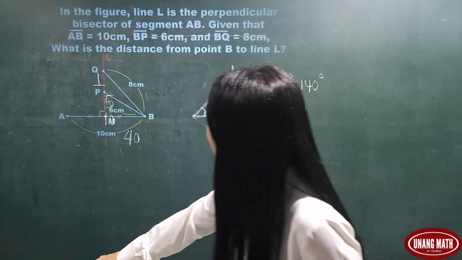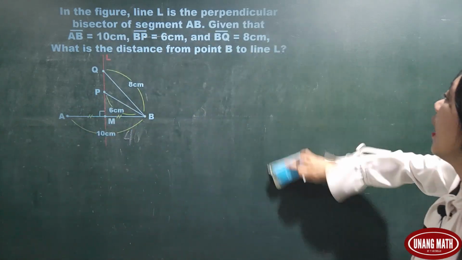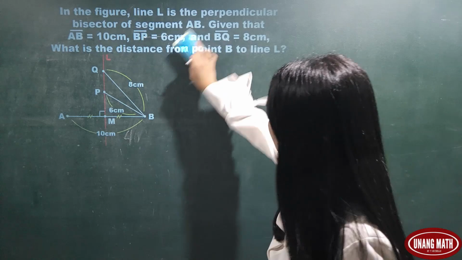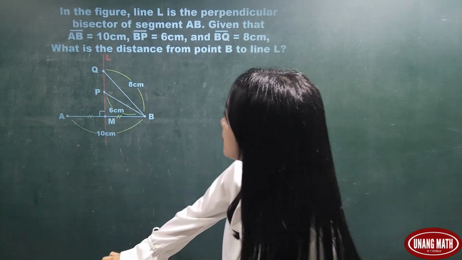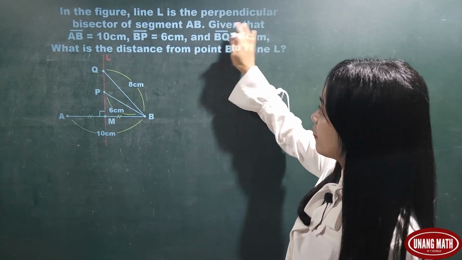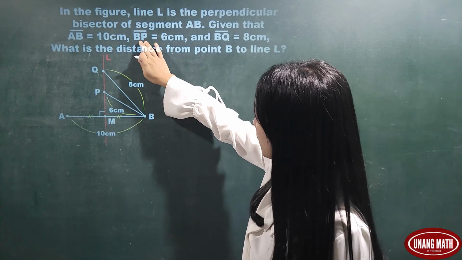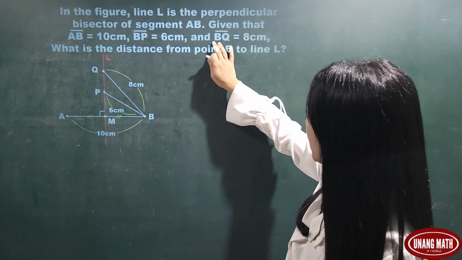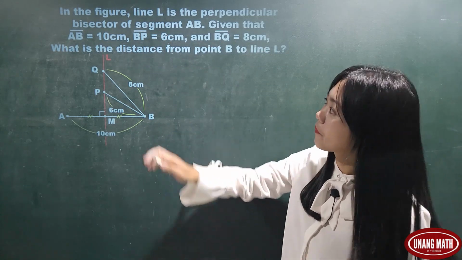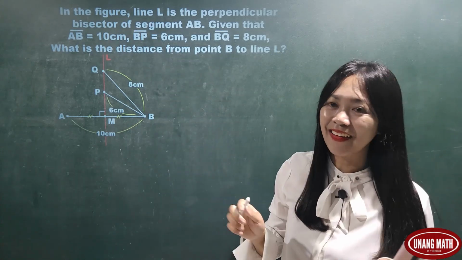Okay, this time, let's answer this simple problem. In the figure, line L is the perpendicular bisector of segment AB. Given that segment AB is 10 centimeters, segment BP is 6 centimeters, and BQ is 8 centimeters. What is the distance from point B to line L?